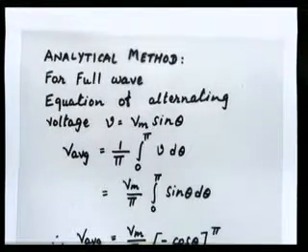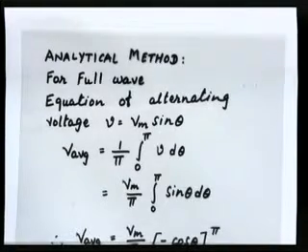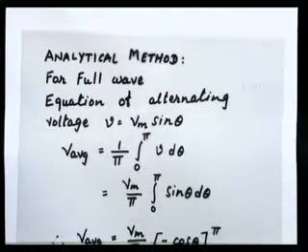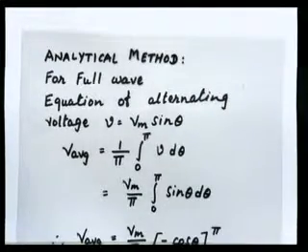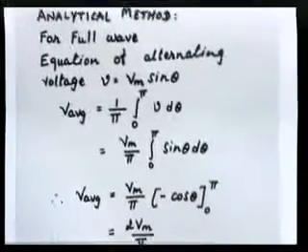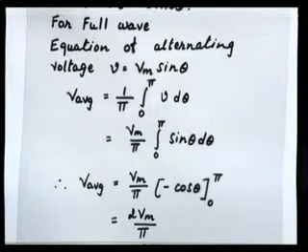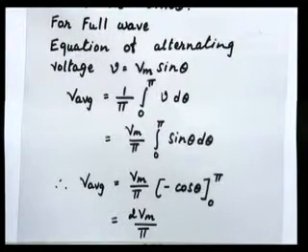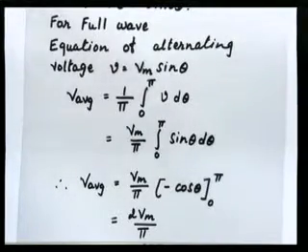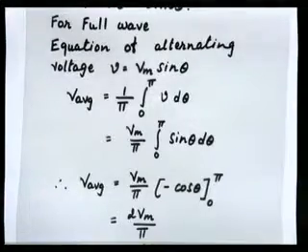So V average is equal to 1 upon pi, integration 0 to pi, V d theta. Now the equation of V, the instantaneous induced EMF, is equal to Vm sin theta. So your equation is like this: Vm upon pi, integration 0 to pi, sin theta d theta. Again Vm is a constant value, so we keep Vm upon pi as a constant, and the integration of sin theta is minus cos theta.